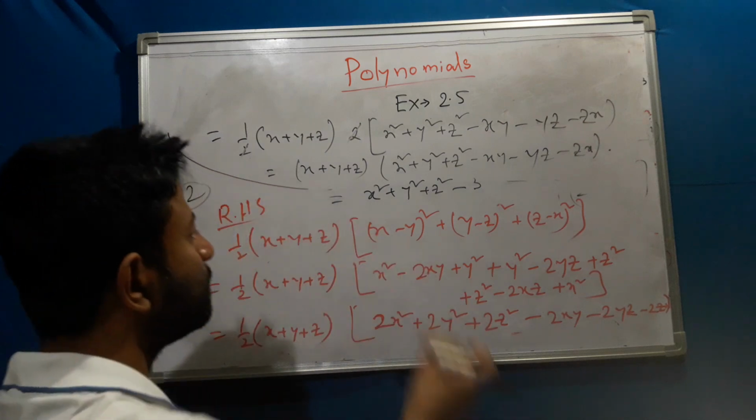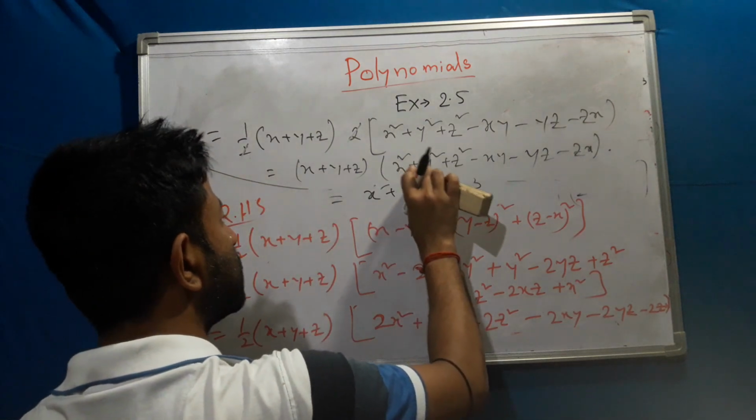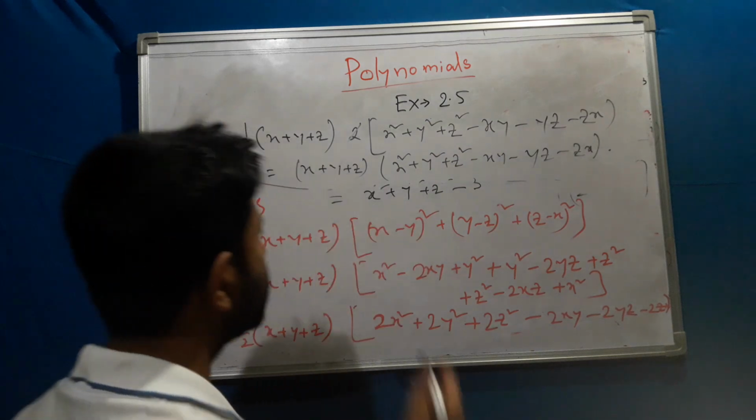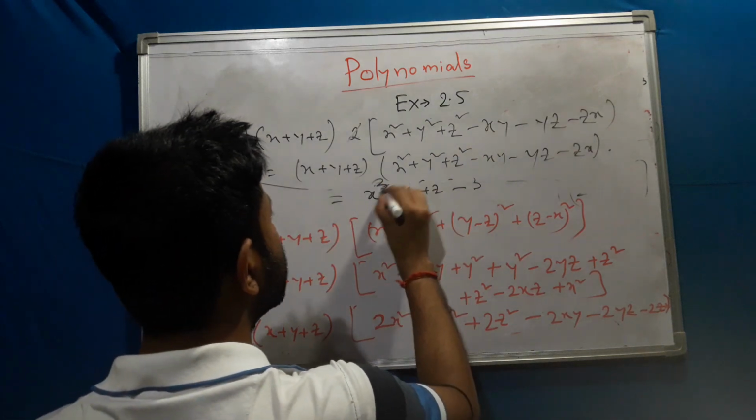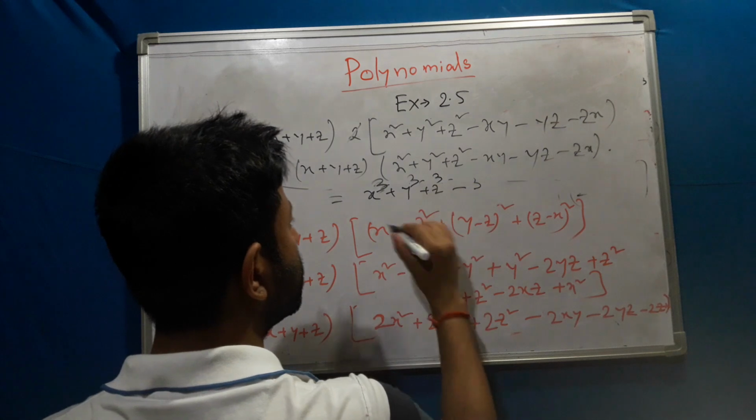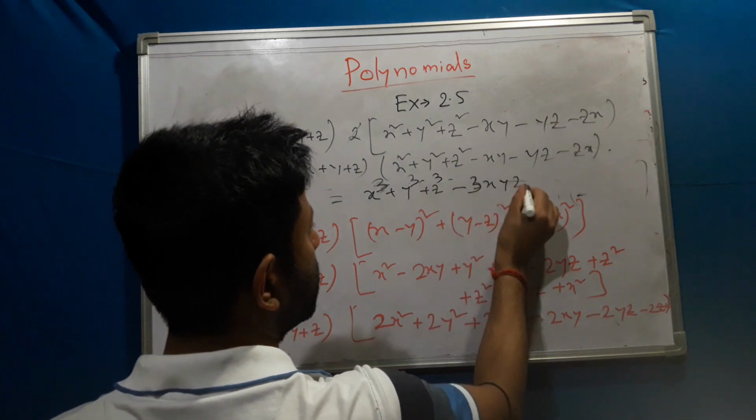This should be cube. So it should be x cube plus y cube plus z cube minus 3xyz.